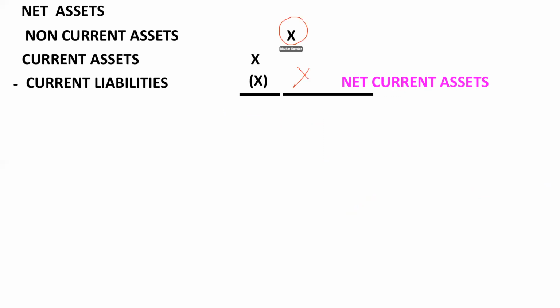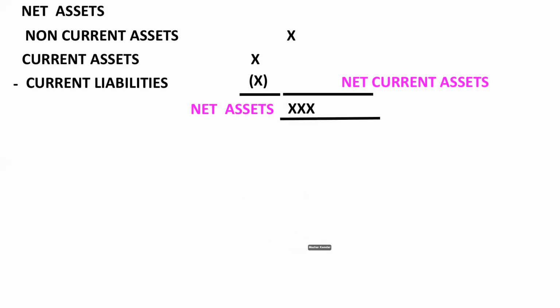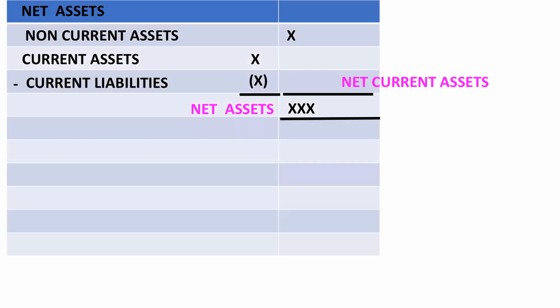Non-current assets plus the net current assets would give you the net assets, which is financed by two things, capital plus non-current liabilities. So this should be equal to the total of this. This is the net asset method. I hope we are very clear with the balance sheet formats.